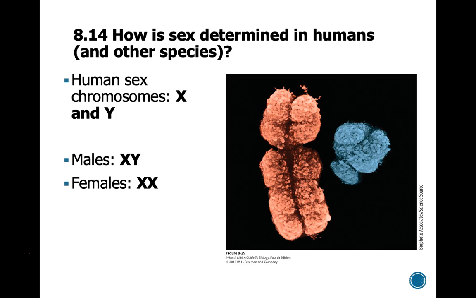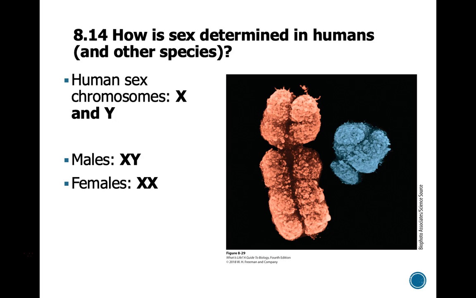They still line up during mitosis and meiosis, but unlike the other pairs of chromosomes, they have a very different genetic makeup. So the X chromosome, as I said, encodes all kinds of different things that really have nothing to do with the sexual characteristics of an individual. The Y chromosome, on the other hand, is the chromosome that determines the sex of a human.